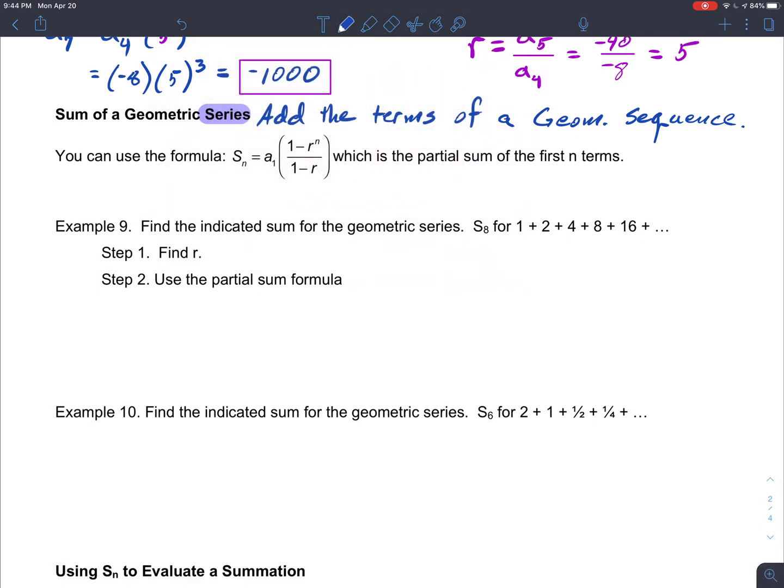Remember, a series is generally represented using sigma notation, usually with some a sub n. But here, we're going to represent this with a generic formula.